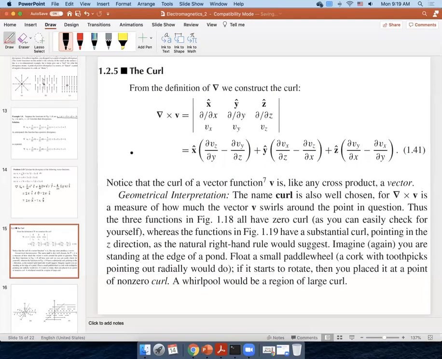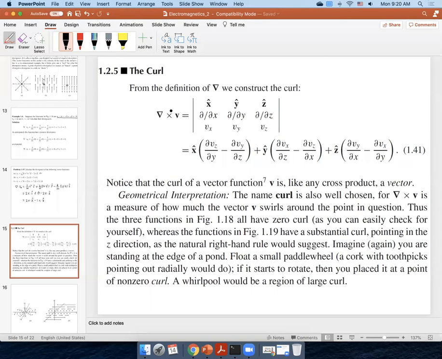Now let's see the curl. The curl is a cross product, or cross operation, of the del on a vector function. And as we said, the vector function is a function which contains 3 components, Vx, Vy, Vz.